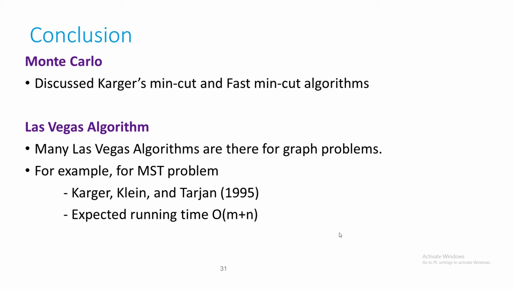I am not going to discuss the algorithm; it is due to Karger, Klein and Tarjan in 1995. If you are interested, you can refer to the randomized algorithms book by Rajeev Motwani and Prabhakar Raghavan. It is available in that book itself. It is a nice work. If you are interested, you can refer to that.